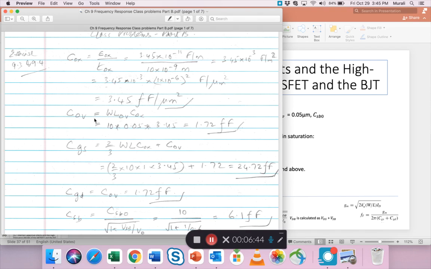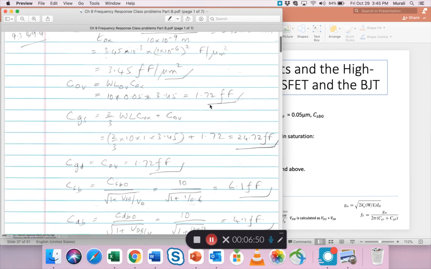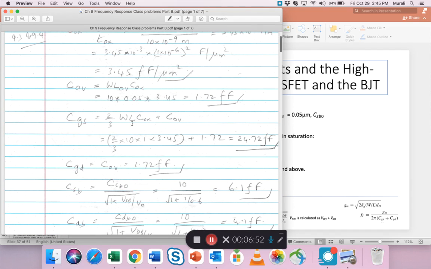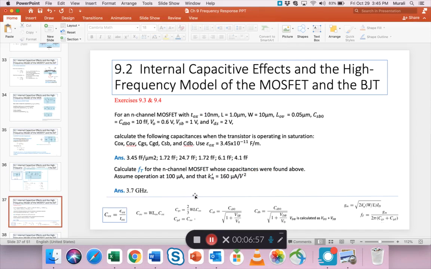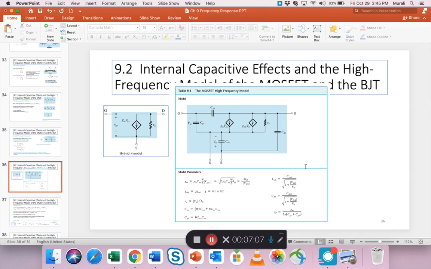COV is this formula. So it comes out to be 1.72 femtofarads. CGS is this formula plus COV. Yeah, it consists of two items, right?